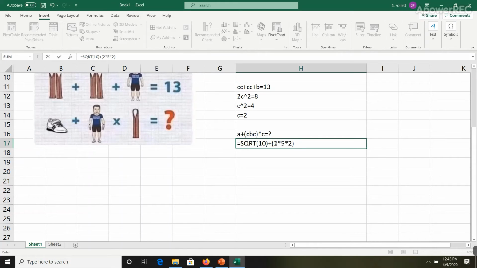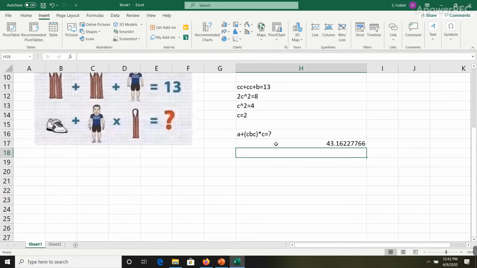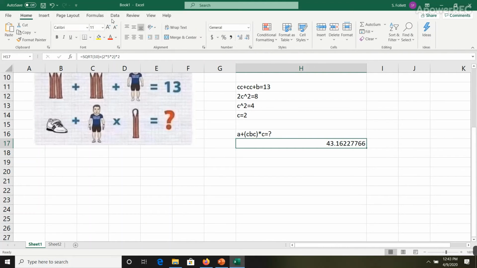Then I got multiplied by another 2. Right? Everybody see that? So what do you think we get? 43. Let me put this over here. So the answer is 43.162277766. That's the answer I'm going to submit.